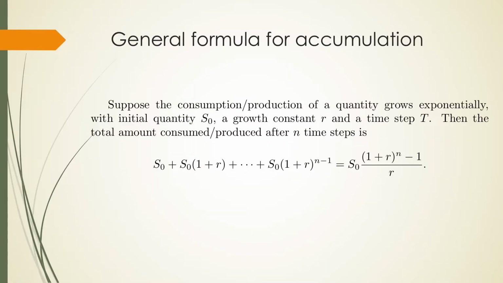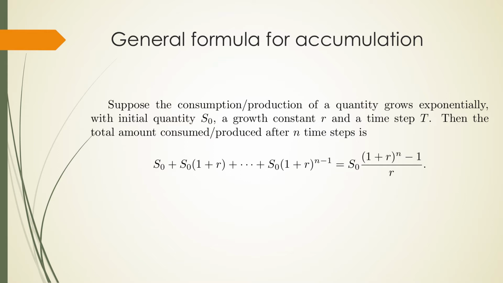We can generalize the previous calculation in the following way. Suppose the consumption or production of a quantity grows exponentially with initial quantity S0, a growth constant R, and a time step t. Then the total amount consumed or produced after n time steps is given by the sum you see on the left.